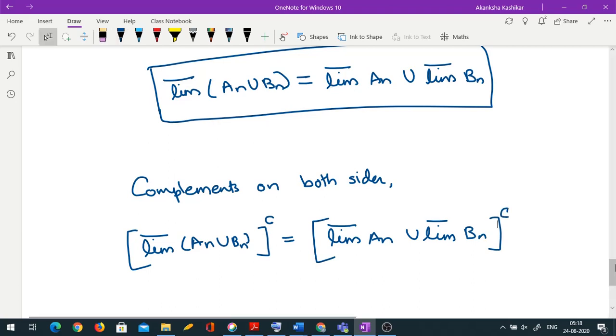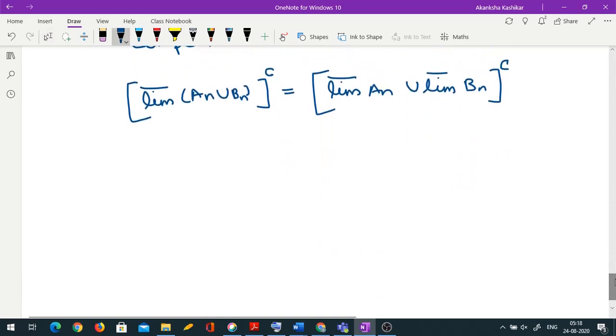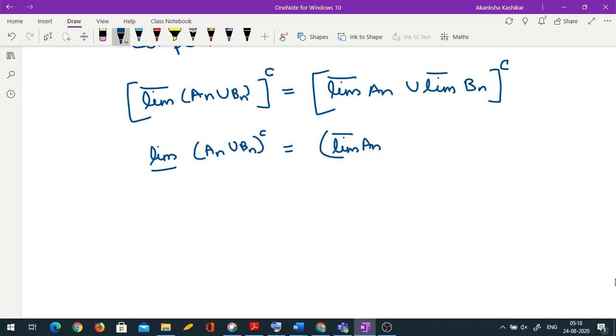If I use De Morgan's law and the results about lim sup and lim inf that we have proved, we know the complement of lim sup would be lim inf. So the left side would be lim inf of An union Bn whole complement, and this side would be lim sup of An whole complement intersected with lim sup of Bn whole complement.